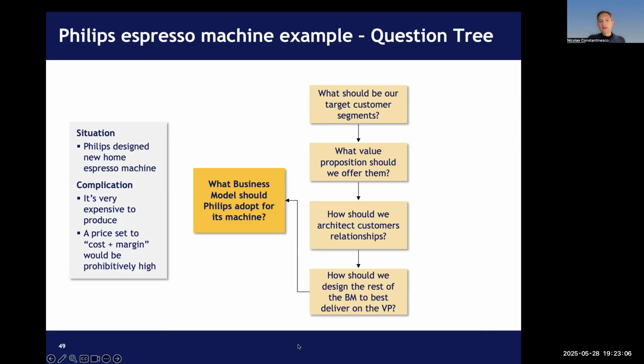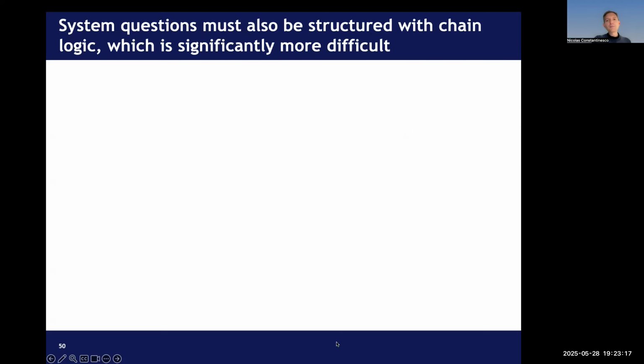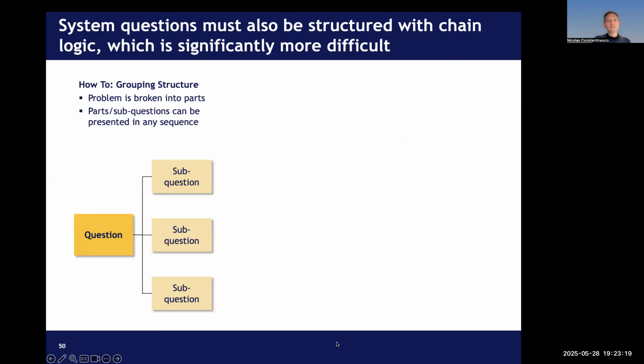And so I don't know if you noticed, but there's a big difference between how we structured this and the others. The others, we were using what's called a grouping system. So we have this branch, this branch, this branch, and all these branches we could, in a sense, do in parallel. It was kind of an and between them.